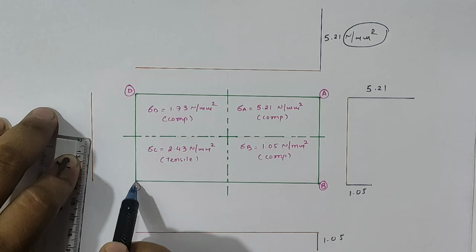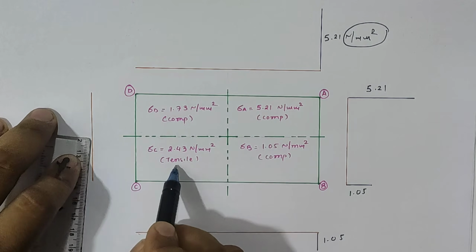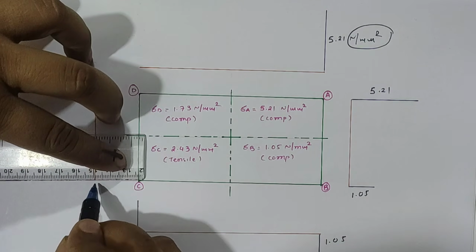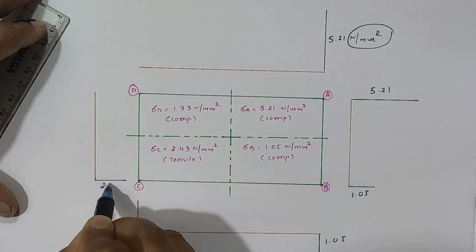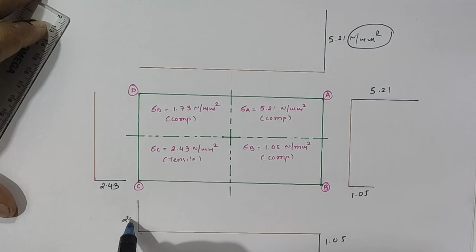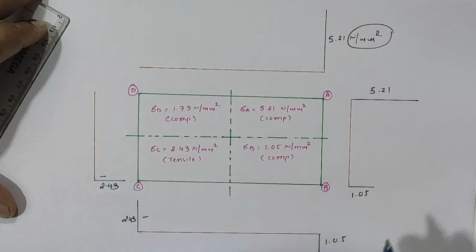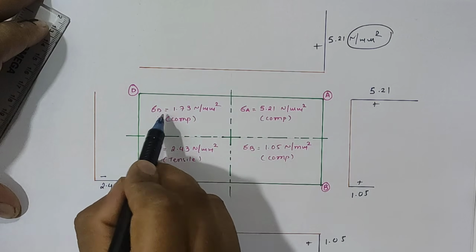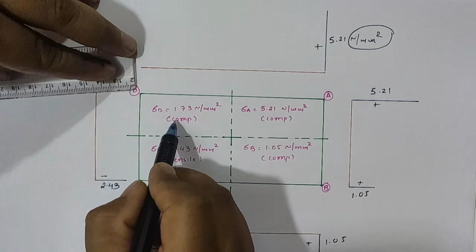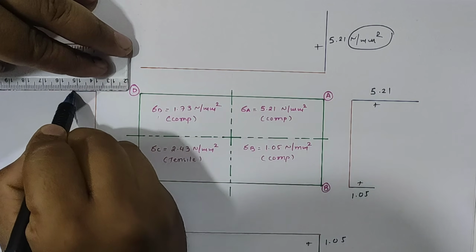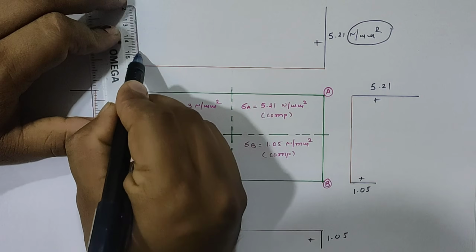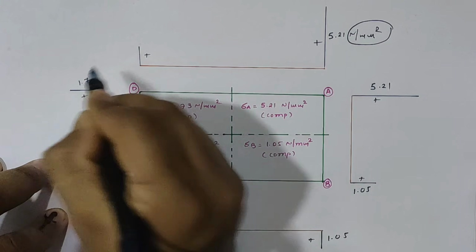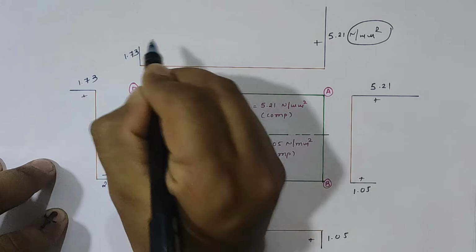But at point C, the value is 2.43 tensile, so it is in the negative direction and the value is 2.43. And at joint D our value is 1.73 compression, so it is positive and the value is 1.73.